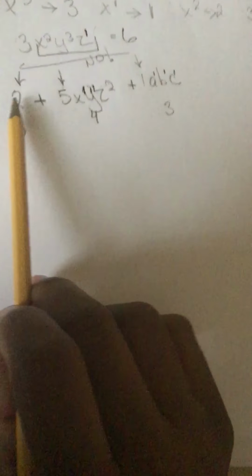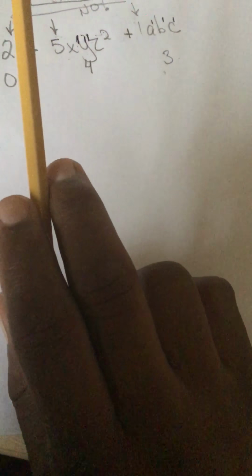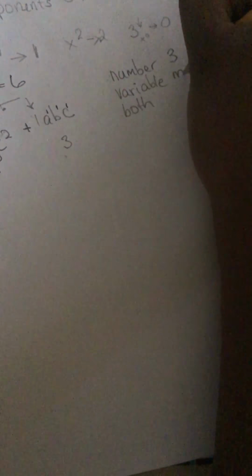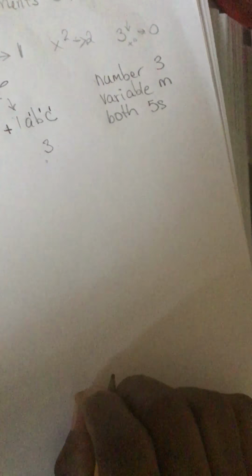Now, I do not add these numbers together. I am finding the degree of the monomial. So a monomial is either a number, a variable, or both. So for example, 3 is a number, m is a variable, and 5s is a combination of both.